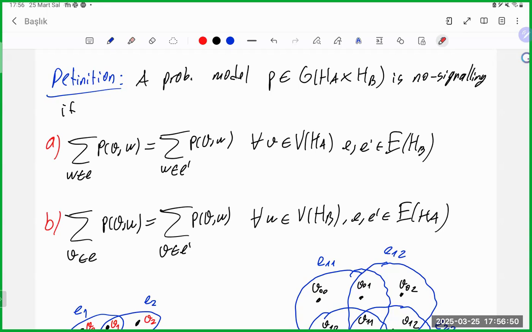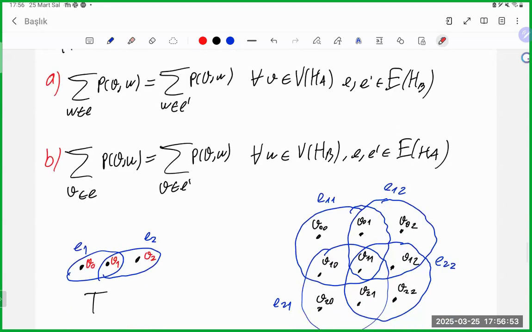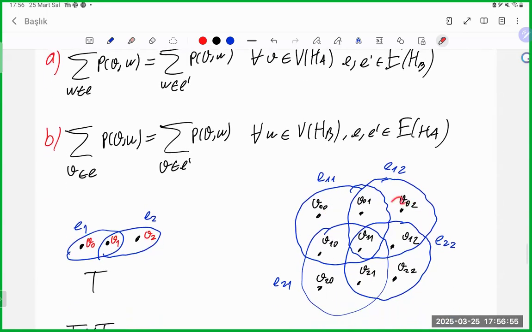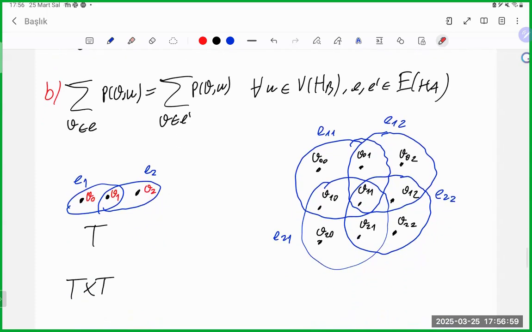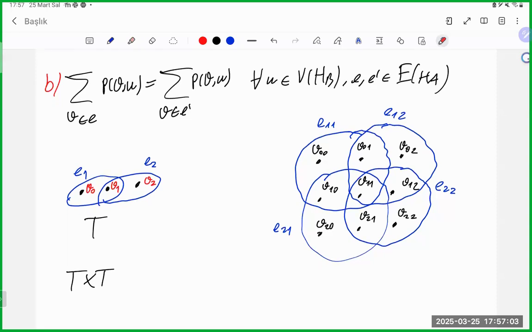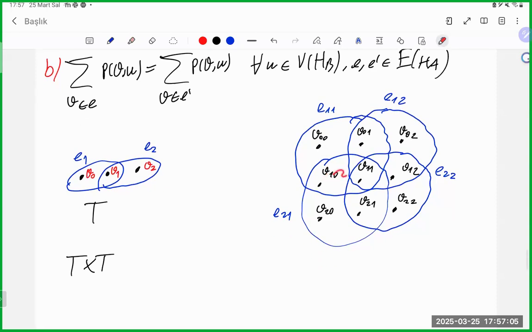Okay, I understand what you mean. I got confused in summing those three, because V0 is not any other edge. Like for example, this is equal to this.